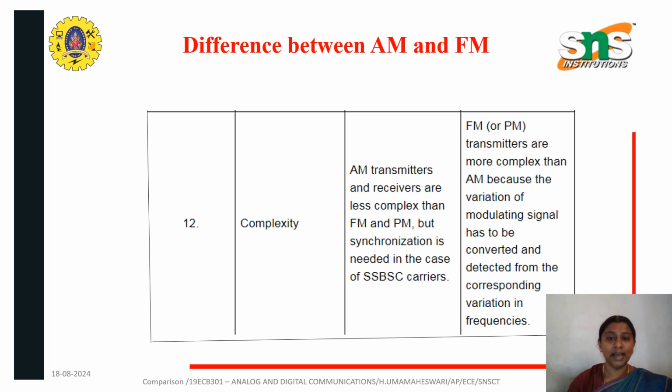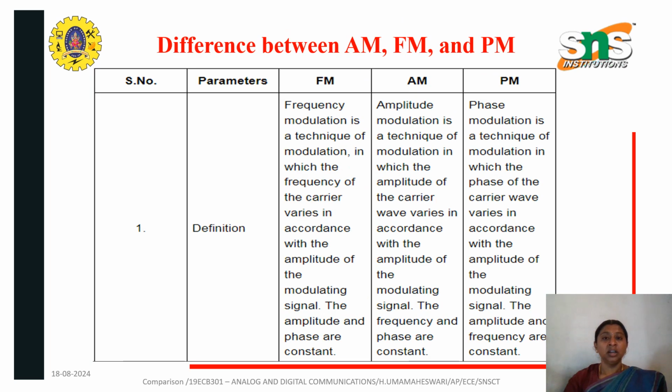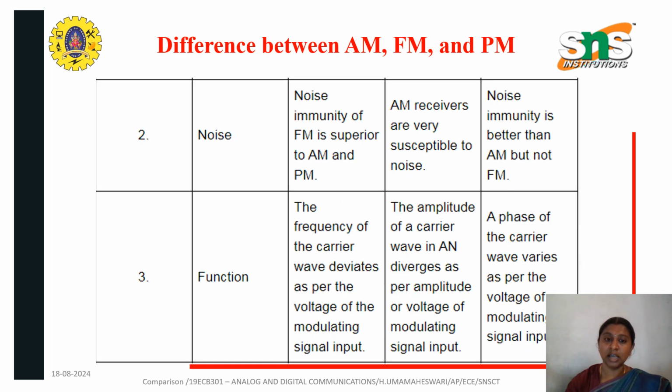On complexity, the AM transmitters and receivers are less complex than FM and PM, whereas in FM, the variation of the modulating signal is converted and detected from the corresponding variations in the frequencies. Then the difference for phase modulation is also displayed here.